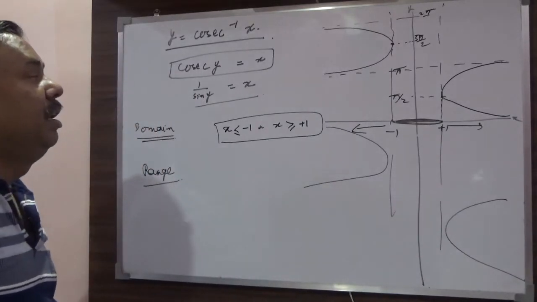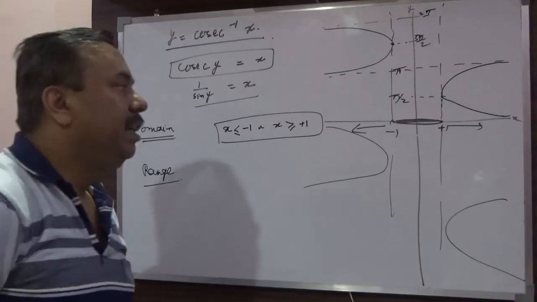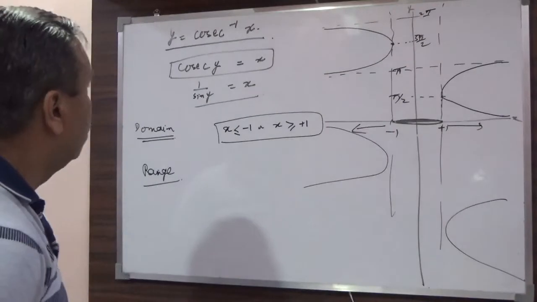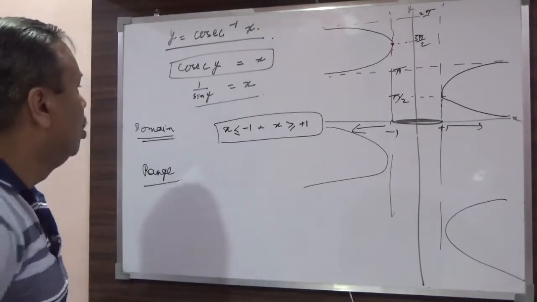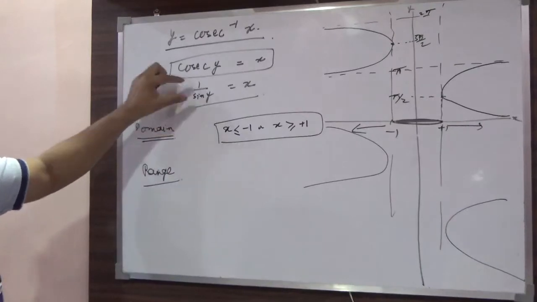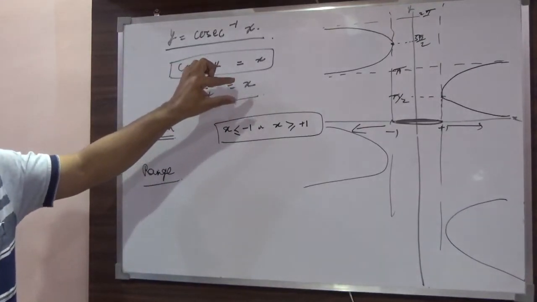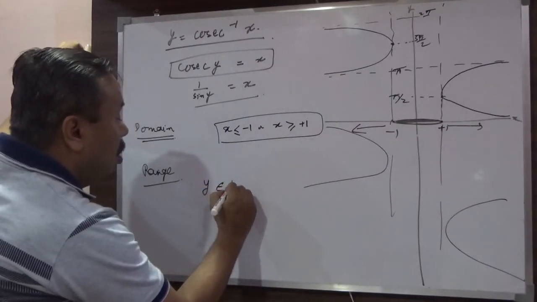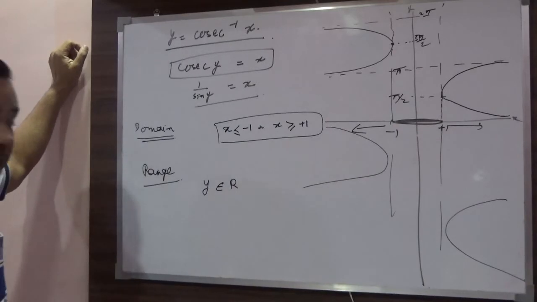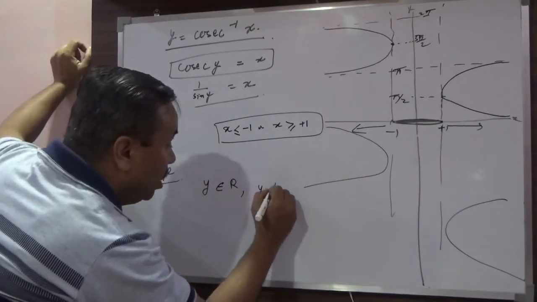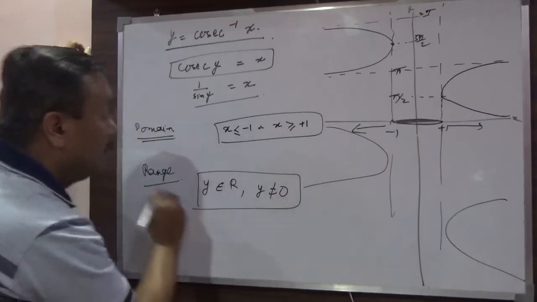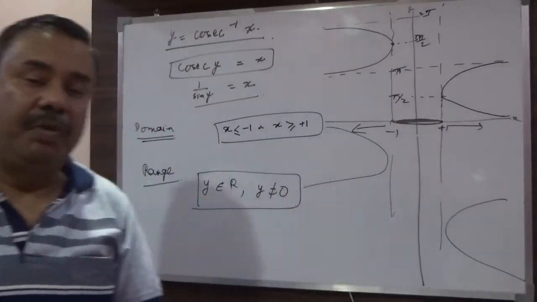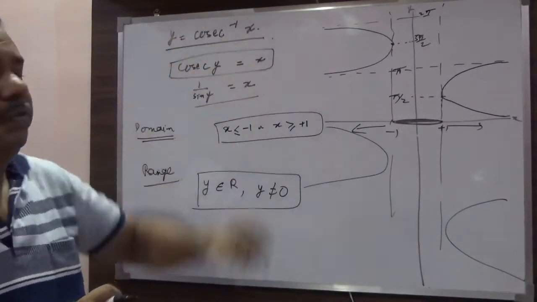The only thing in this case is that it can take any value except y equal to 0, because the moment y is 0, this will become not defined. So the range is that y belongs to the set of all real numbers subject to the condition that y is not equal to 0. This will be the range for cosec inverse of x.